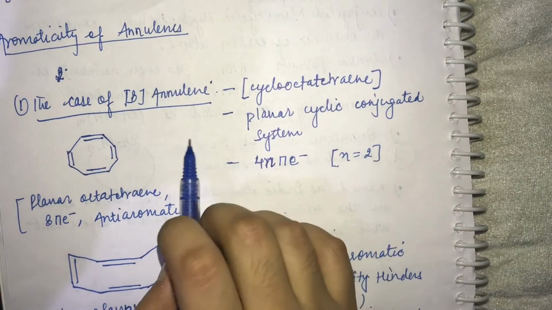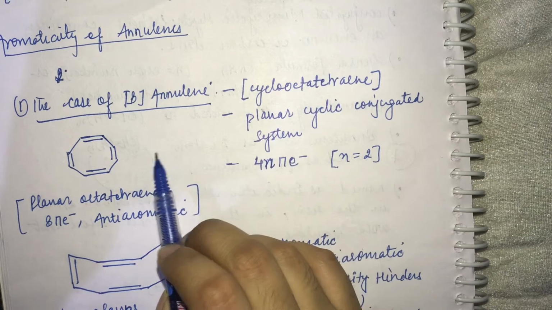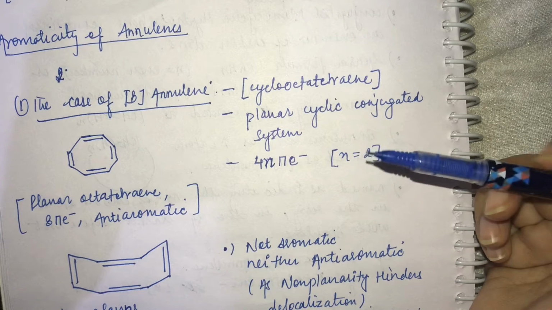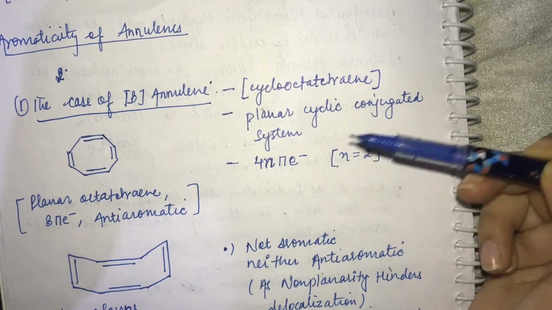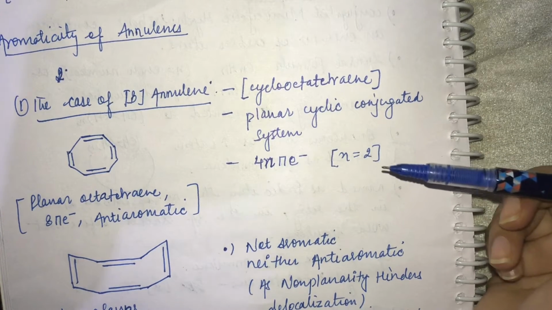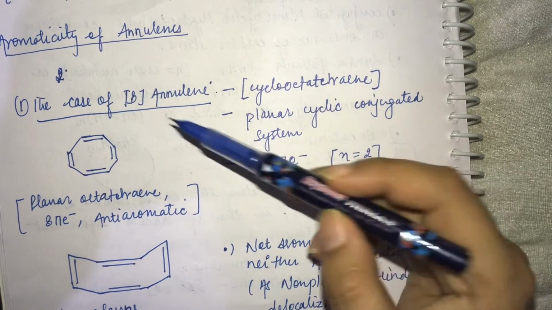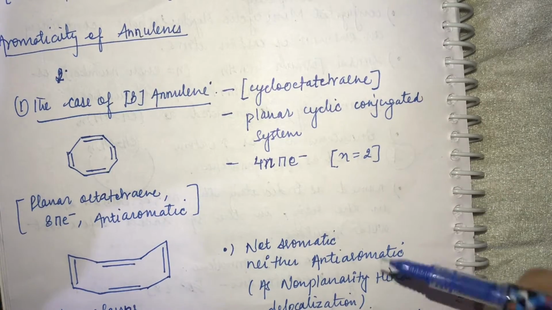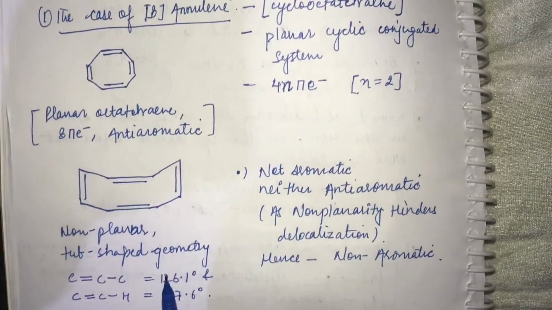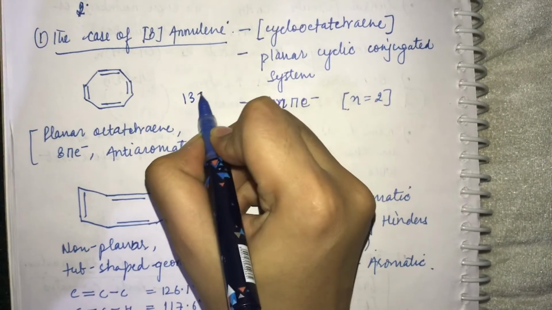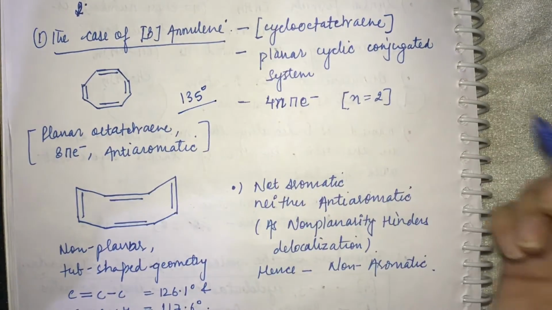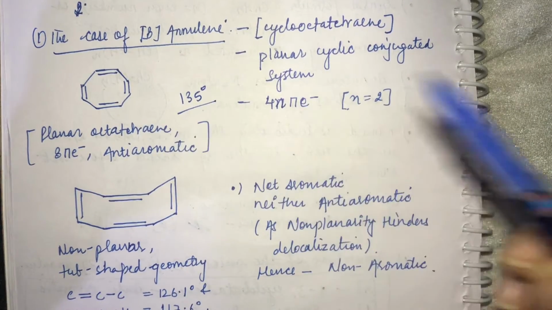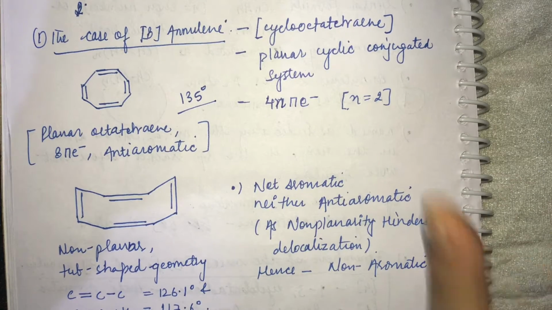First, we will take the case of 8-annulene. This is cyclooctatetraene, which can be assumed to have a planar cyclic conjugated system with 4n pi electrons, where n is equal to 2, as shown in the figure. This regular planar octagon has a bond angle of 135 degrees, with large bond angle strain due to large deviation from the sp2 bond angle of 120 degrees.